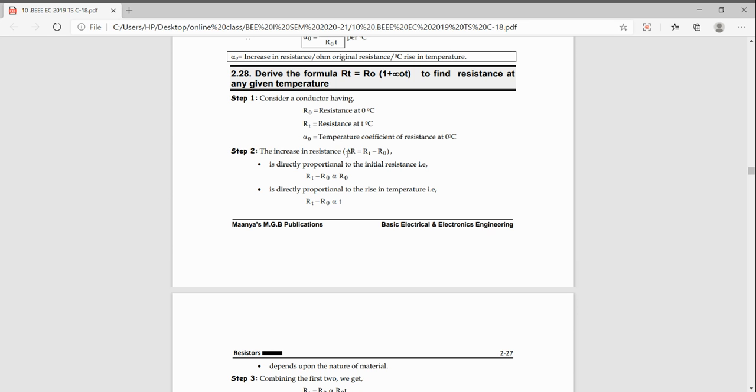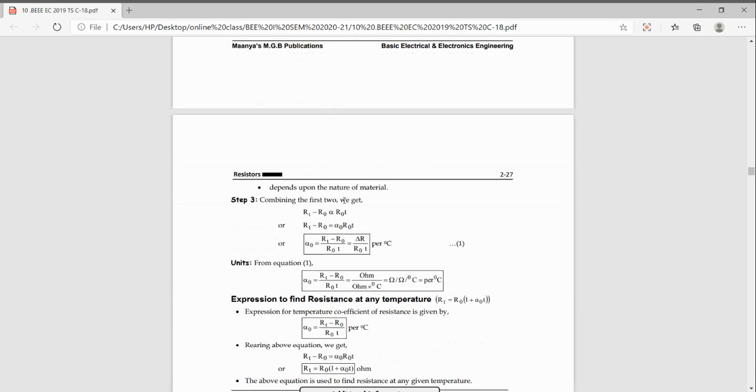The second step is to find the rise in resistance, that is delta R, which is equal to RT minus R naught. It is directly proportional to the initial resistance, that is RT minus R naught is directly proportional to R naught, and directly proportional to the rise in temperature, that is T. It also depends upon the nature of the material.